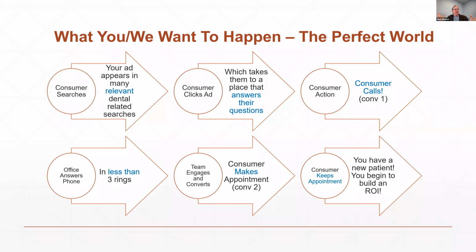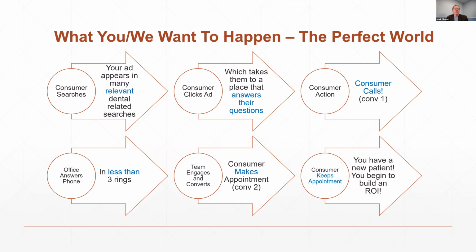Does everybody know where a Google ad is? You want your ad to be one of the top 3, 2 or 3 above the map. It says sponsored. That's a Google ad. For the most part, there are other ways to do Google ads, but for the most part, that's a Google ad. What you try to do is be at least the top 3, and preferentially, you'd like to be the top 1.